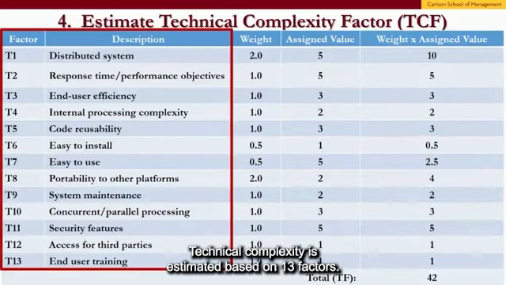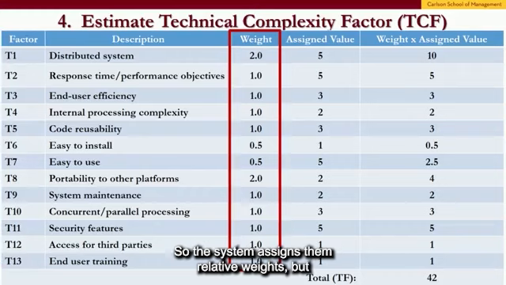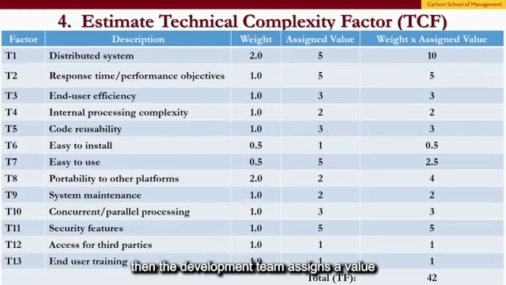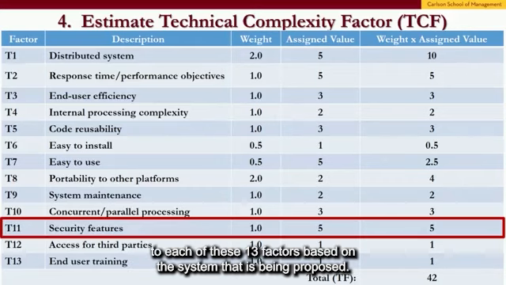Technical complexity is estimated based on 13 factors. These 13 factors are assigned relative weights. So the system assigns them relative weights, but then the development team assigns a value to each of these 13 factors based on the system that is being proposed.